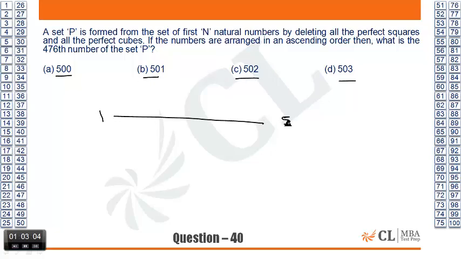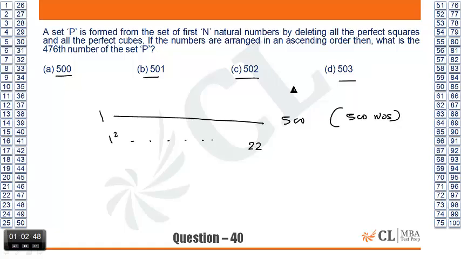1 to 500, there are how many numbers? There are 500 numbers, out of which I have to delete all the perfect squares. So 1 square onwards, what is it? 484, no? 484 is 22 square. So there are 22 perfect squares.